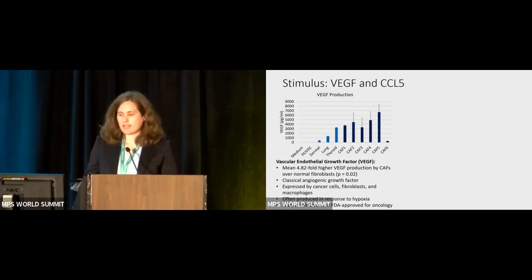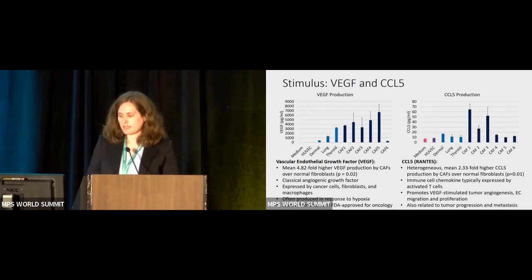And of course, there are several FDA-approved drugs for VEGF and the VEGF receptor approved for combination therapy in oncology. So as the title of this slide hints at, the other factor that we found was CCL5, and this was a little bit less expected. CCL5 or RANTES was increased just over 2 folds change from the normal fibroblasts, and it's typically a T cell chemokine.